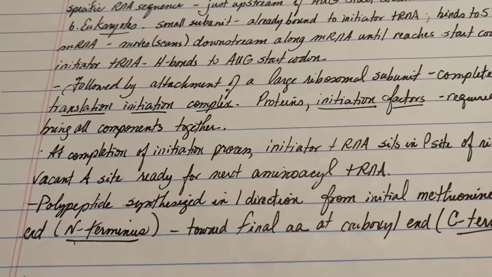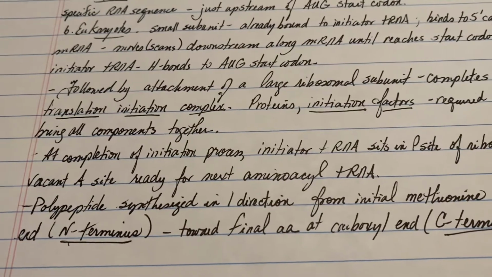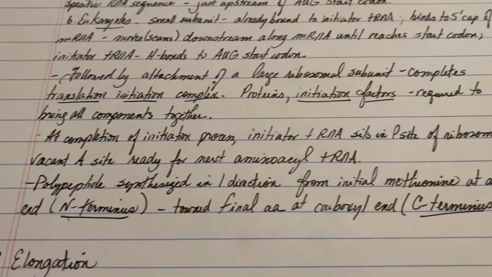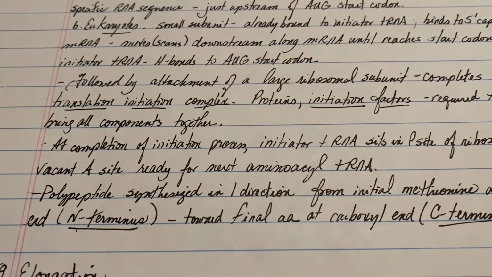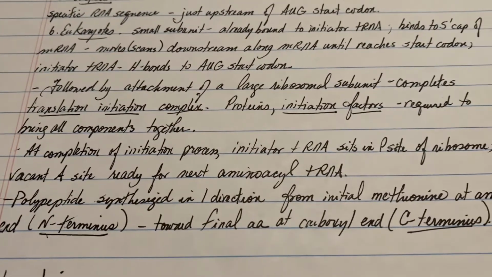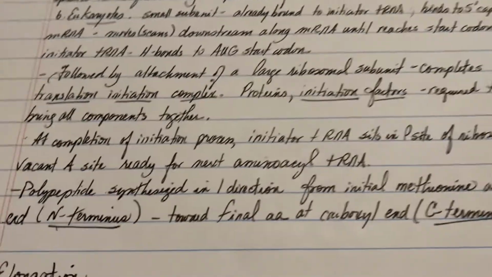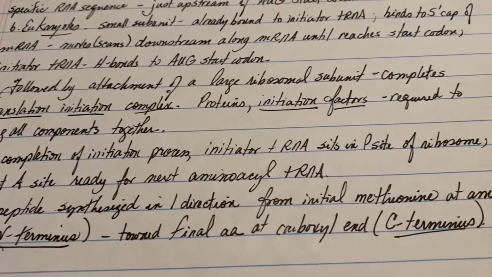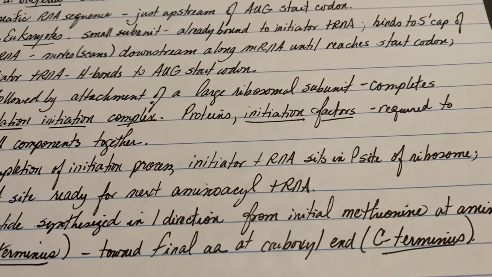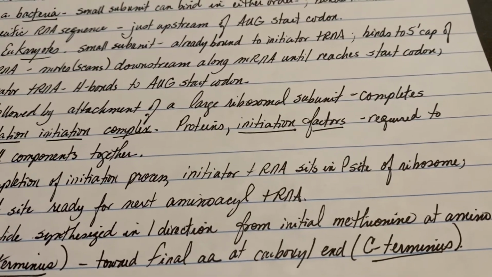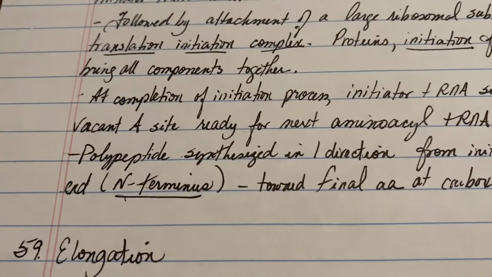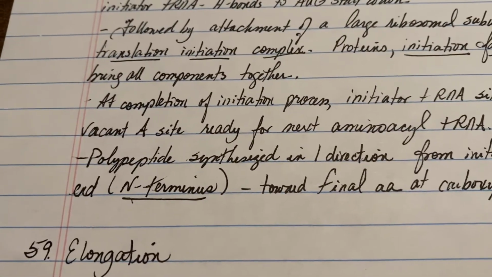The polypeptide is synthesized in one direction, from the initial methionine at the amino end, the N terminus, toward the final amino acid at the carboxyl end, which is called the C terminus. And then this will be followed by elongation as the process continues.